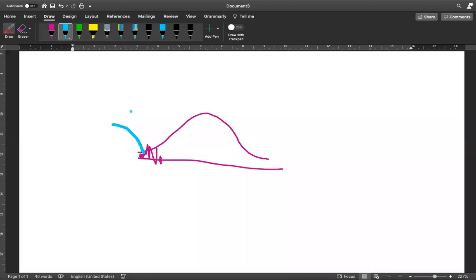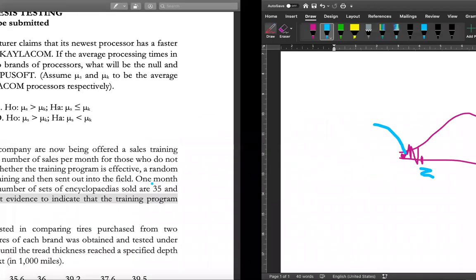We go deep into the normal distribution curve to ask ourselves, what is the z value here that corresponds to an alpha value of 0.05? Or what z value here will correspond to a probability of 0.05? I hope that is okay.